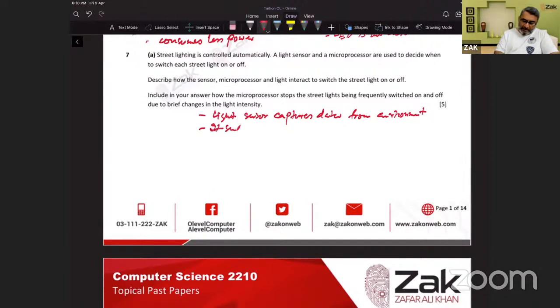It sends data to microprocessor. Data first is digitized using ADC.